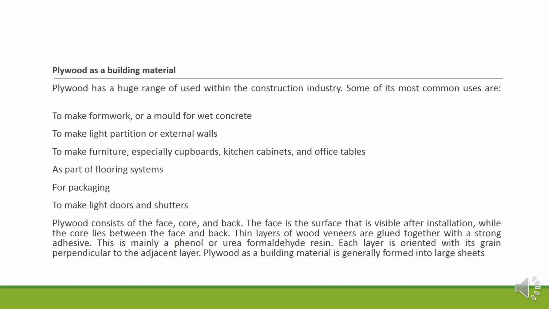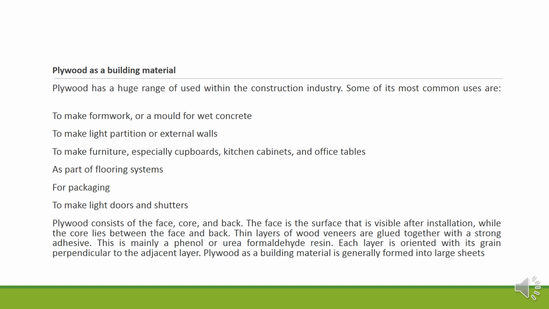It consists of face, core and back. The face is the surface that is visible after installation, while the core lies between the face and the back. It is thin layers of wood veneer glued together. Resins are used in between the layers, a strong adhesive, mainly a phenol or urea formaldehyde resin.